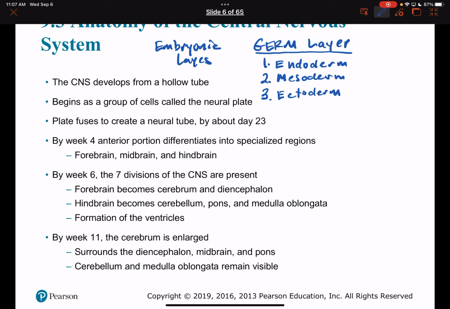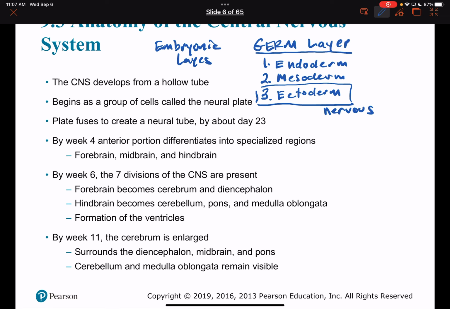Some of it is brain related, some of it is single cell related, digestive system related, so it really does pull from all three germ layers. But the nervous system comes from the ectoderm. So we'll write nervous system down there.